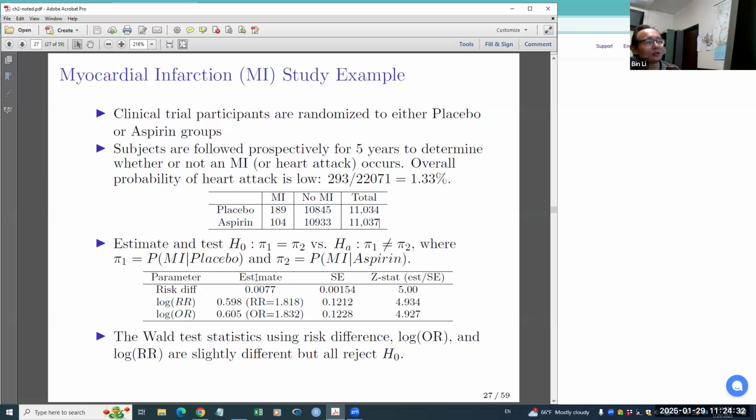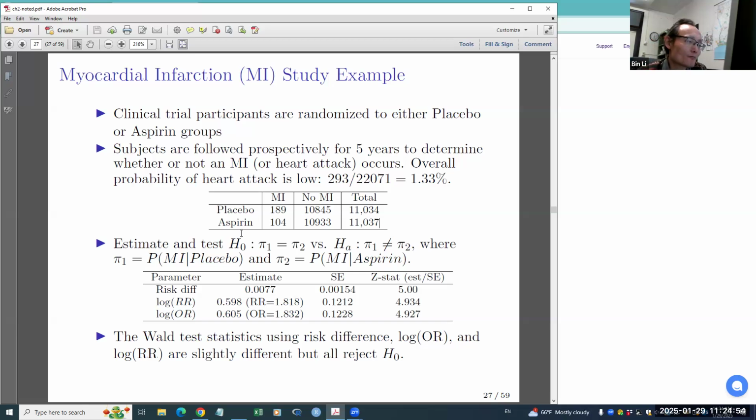And we want to compare the heart attack rate between the two groups, between the placebo group participants and the treatment group participants.